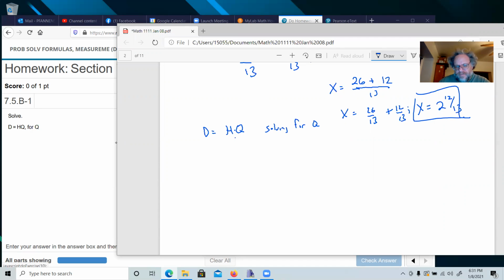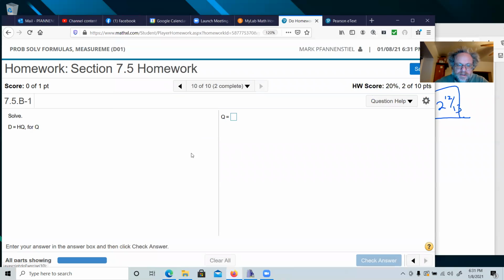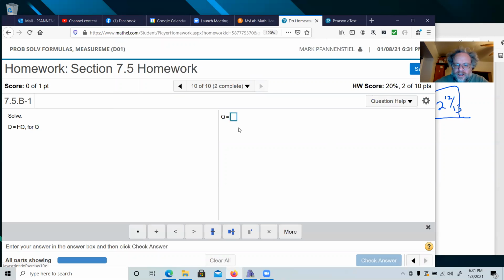So what we're going to do here, right? These are attached by times, so we're going to divide both sides. It's going to cancel, okay? So we have q is equal to d over h. Okay. And let's say q is equal to, let's put a fraction in here, d over h.